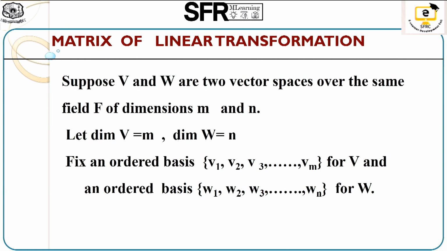Suppose we take two vector spaces V and W over the same field F, of dimension m and n. Let the dimension of V be m and the dimension of W be n.